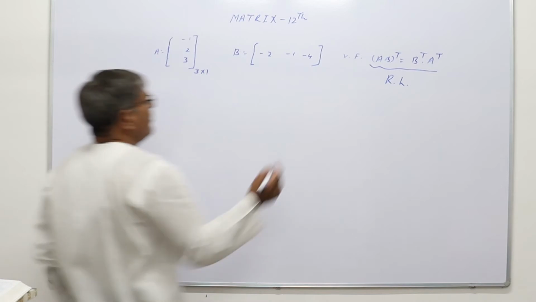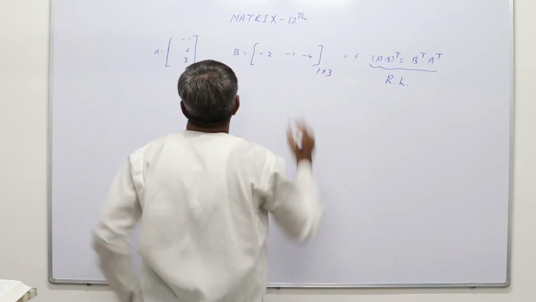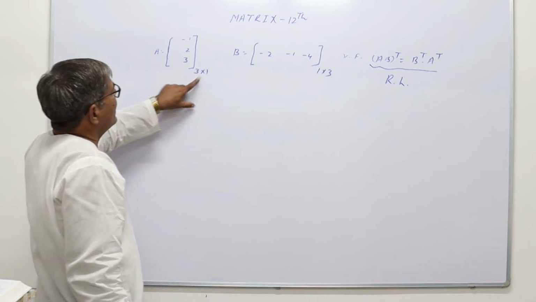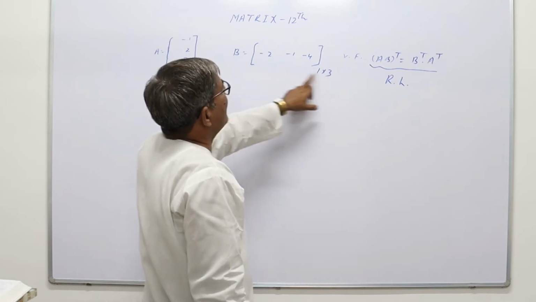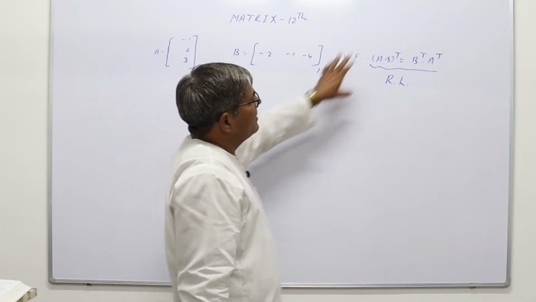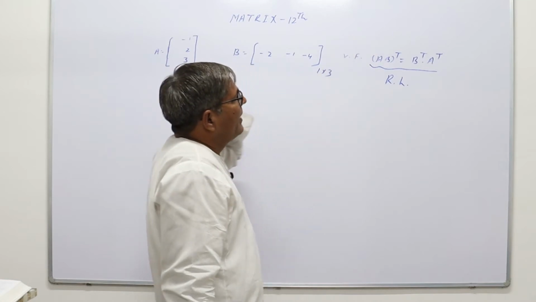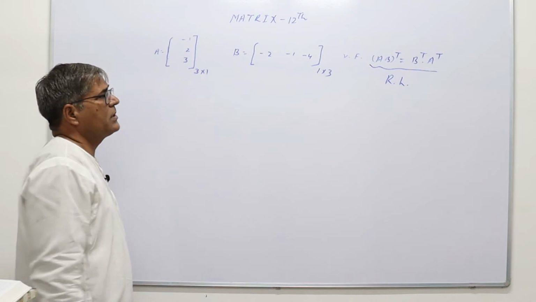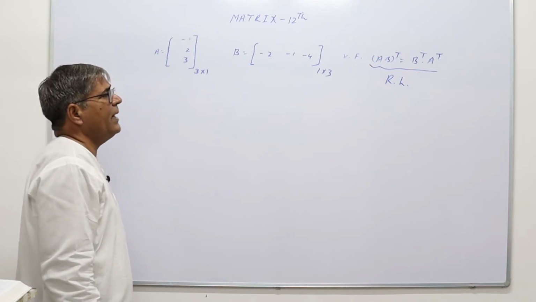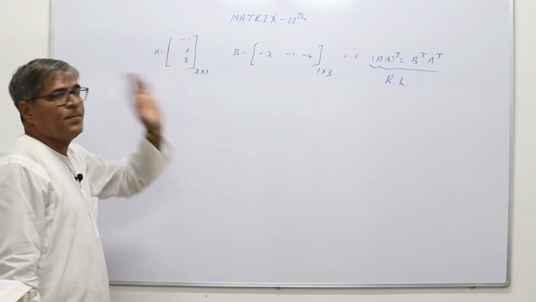First, given matrix A is of order 3 cross 1, meaning 3 rows 1 column, and second matrix B is 1 cross 3. When we discussed this property, the first thing was AB whole transpose will be equal to B transpose into A transpose if AB is possible.